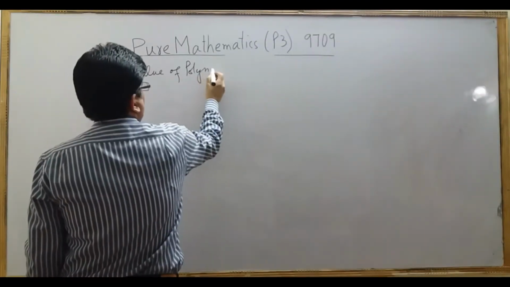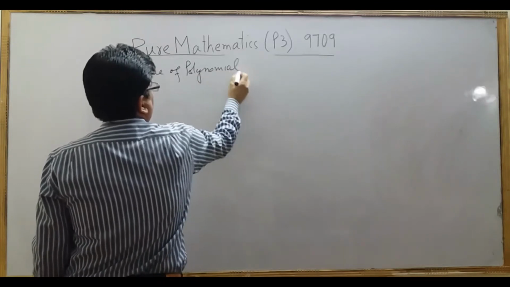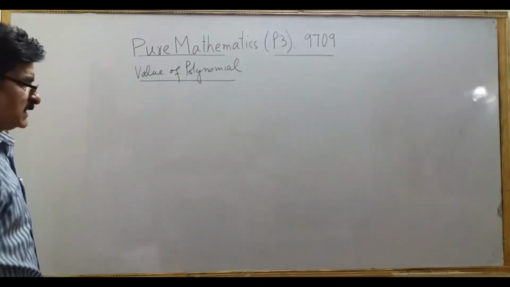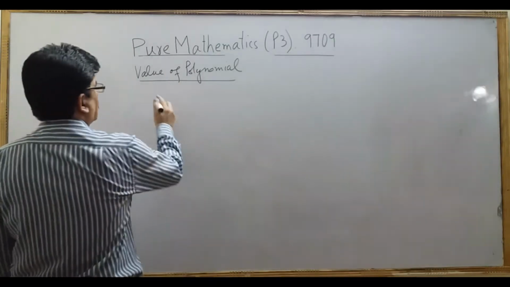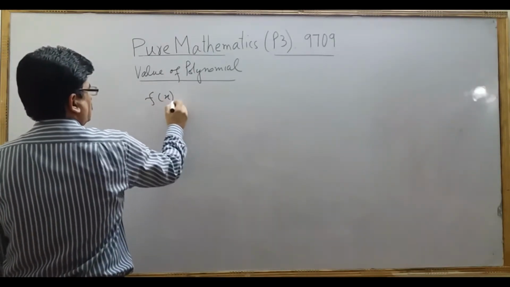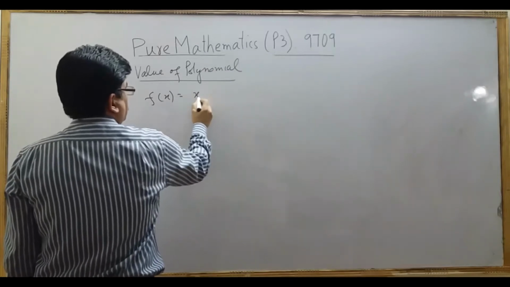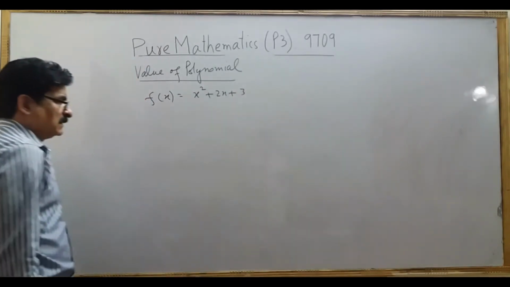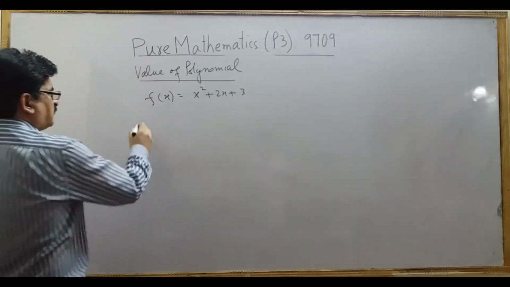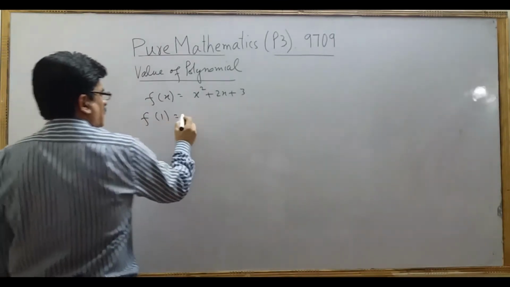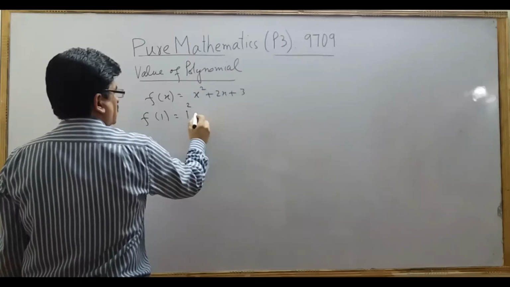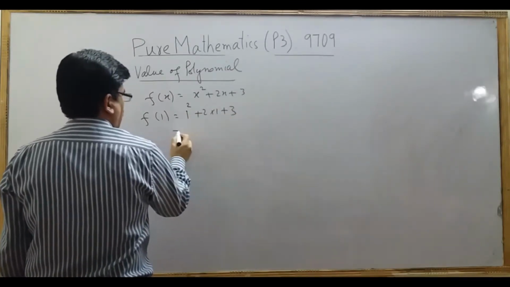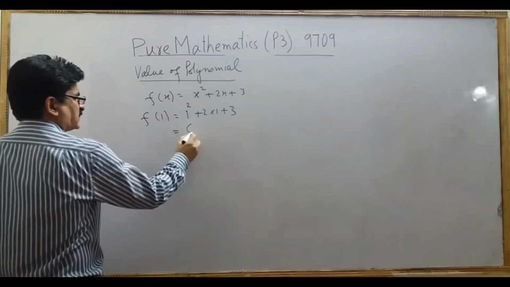Next we have value of polynomial. We have done this work in AS class and in lower classes. For example, if you have a polynomial x square plus 2x plus 3, now you are asked to find f of 1, which means that you replace x by 1 and this is equal to 6.